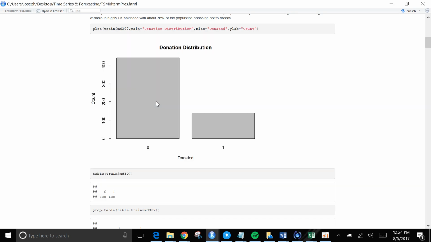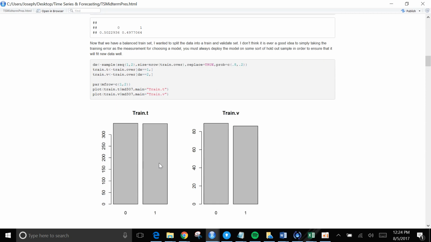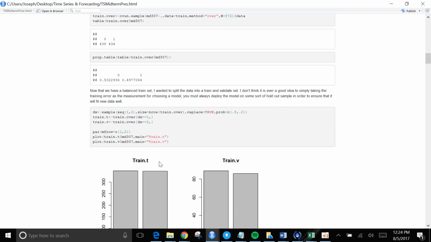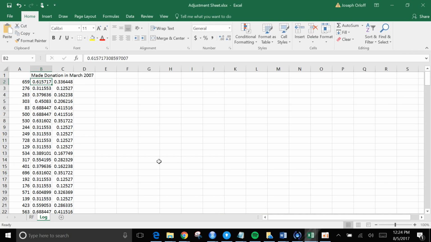So every time that I performed one of the predict functions on the test data and exported it out to a CSV to then upload, I first had to put it through a step to adjust it for the oversampling, so that we weren't overestimating the probabilities of it being a donor.